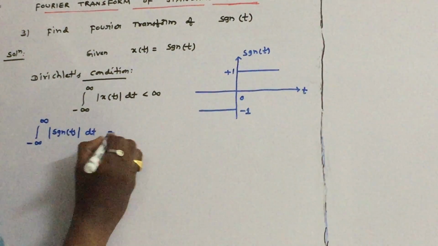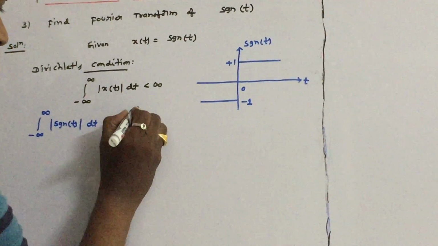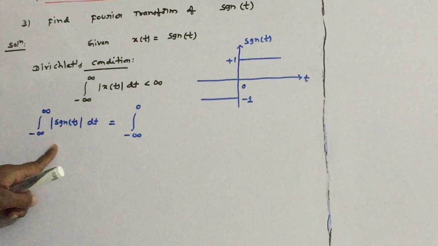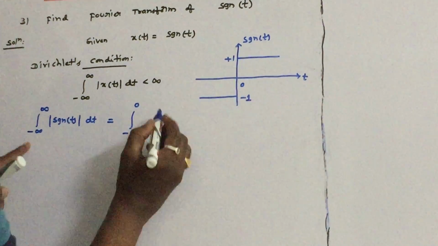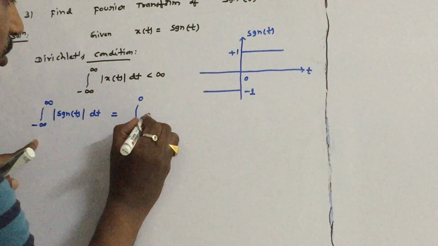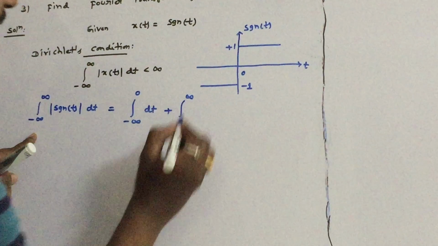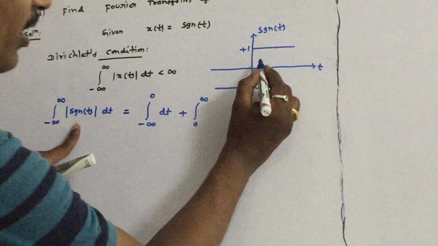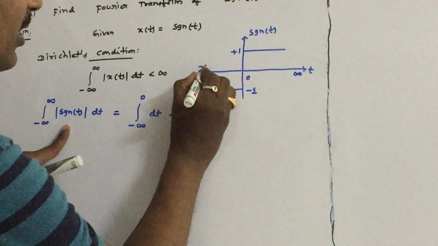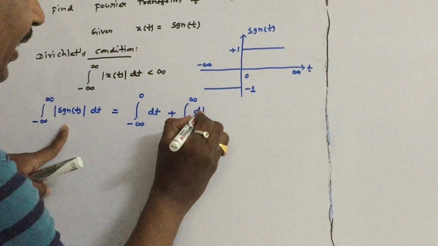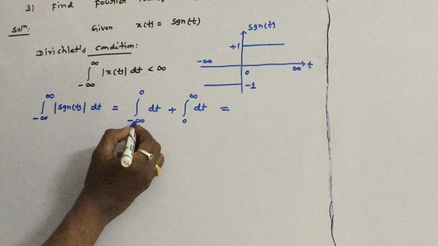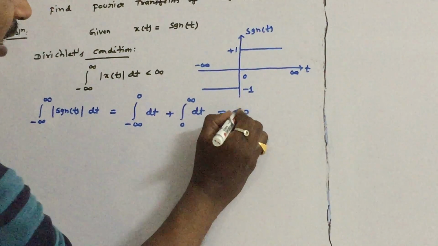So integral from minus infinity to infinity of magnitude of signum of t dt. That means integral from minus infinity to 0, where the signum of t value is minus 1, and its magnitude is 1, so that is dt, plus integral from 0 to infinity, where the signum of t value is 1, dt. So that is infinity plus infinity, which is infinity.